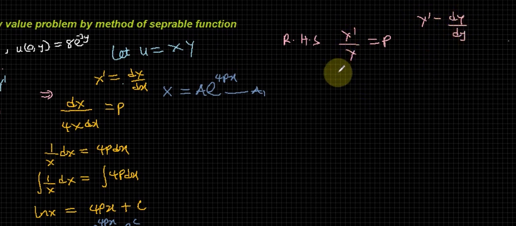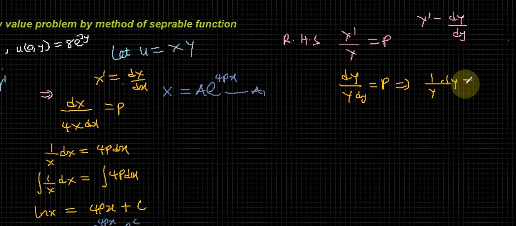So we have dY divided by Y dy equal to p, which gives 1 over Y dY equal to p dy.